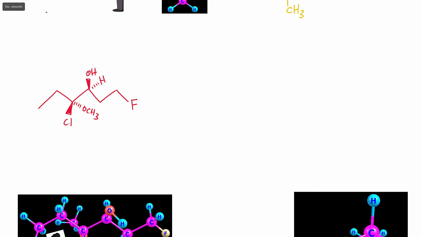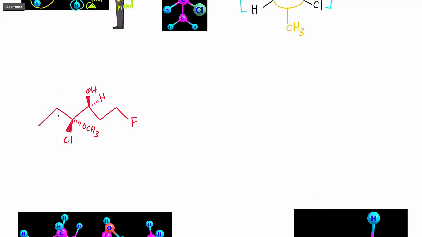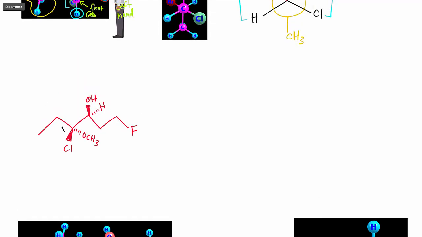Okay? So, can we draw it without our three-dimensional figure? So our eyeball would be here. So I'm going to say this is the front and this is the back.